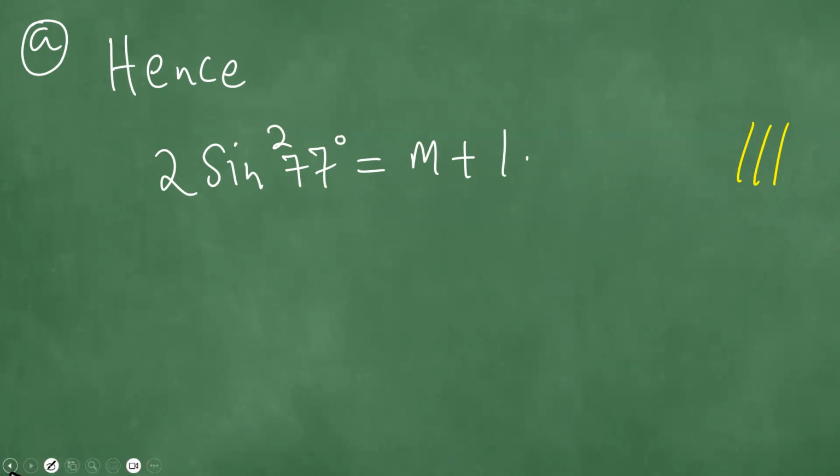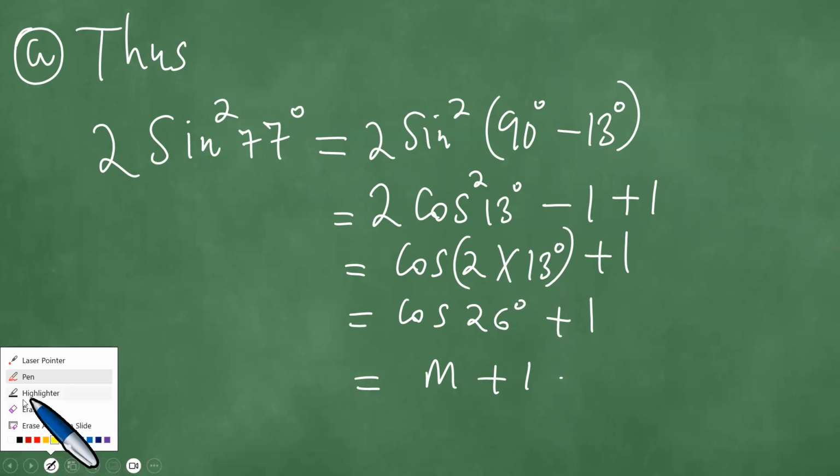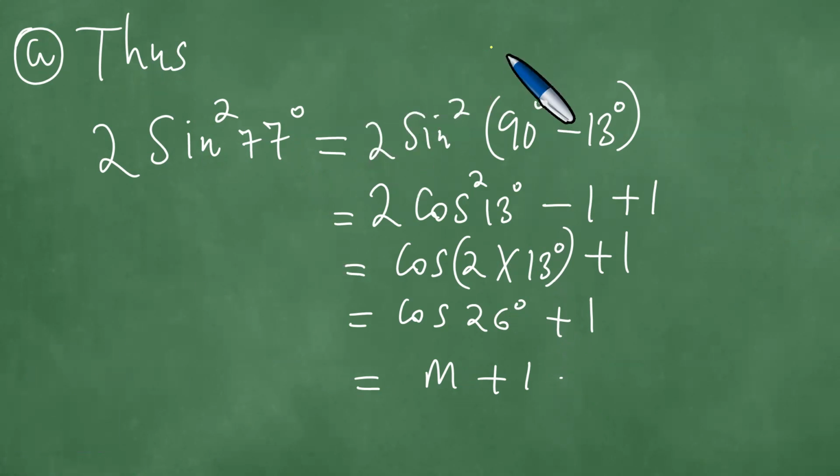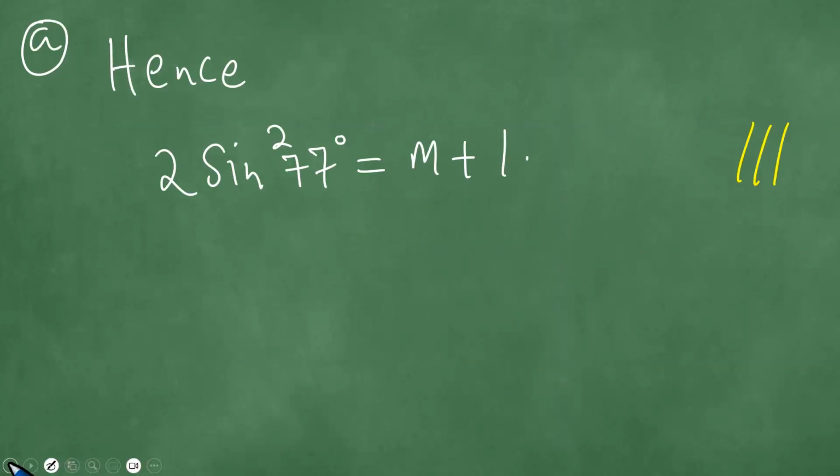Here we used the double angle formula in trigonometry: cosine of 2x is the same as 2 cosine squared of x minus 1. This is the double angle formula for the cosine function. That takes us to the end of the first part of the question, and we now focus on the second part.